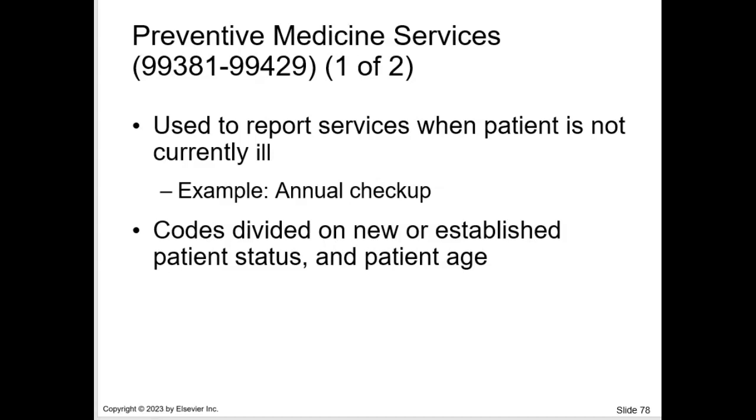What is the preventative medicine service? This is right here, for example, an annual checkup. So as you go in yearly for a physical, these are the codes that the physician will use. They will use it according to your age and then according to if you're a new patient or established patient.